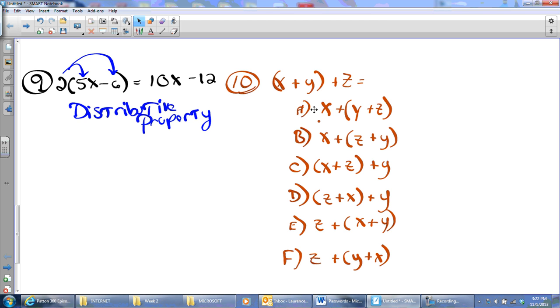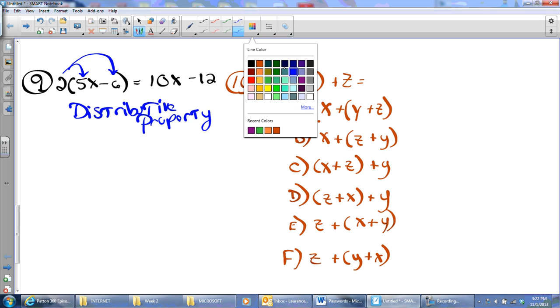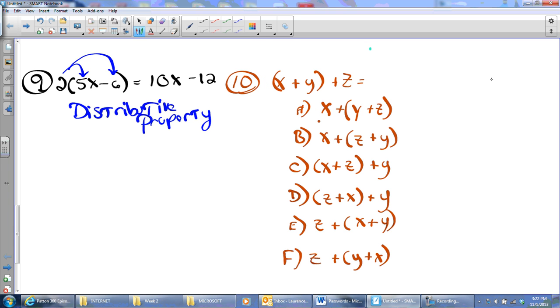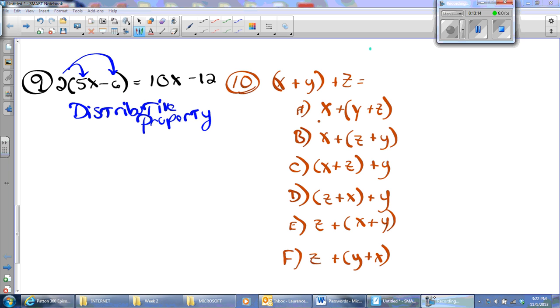Now, the next line says x plus the quantity of y plus z. Ask yourself, did the order change or did the grouping change? And then write the appropriate answer. Okay, so let me see here. All right, you go ahead and pause the video and see if you can get it right. Okay, my answers will appear shortly. Okay, here come my answers, just checking my time.